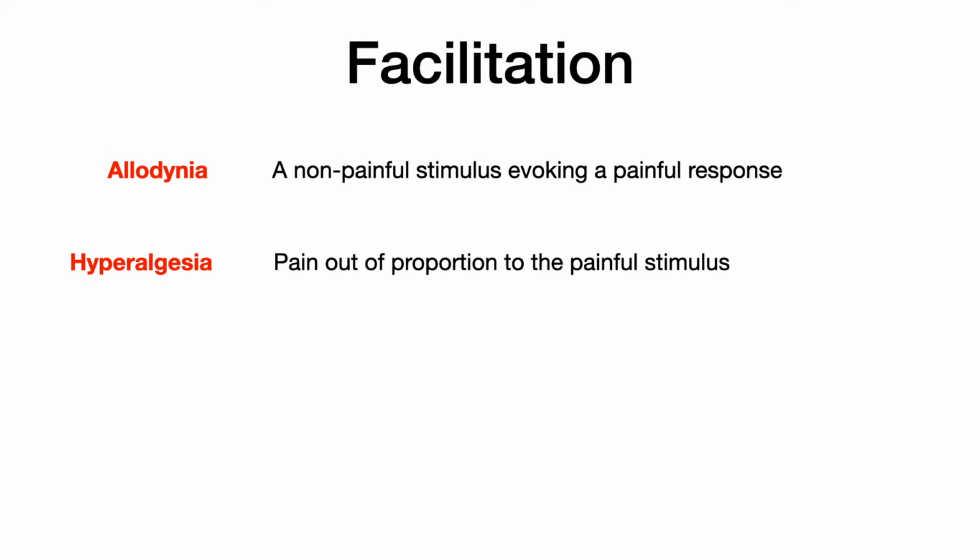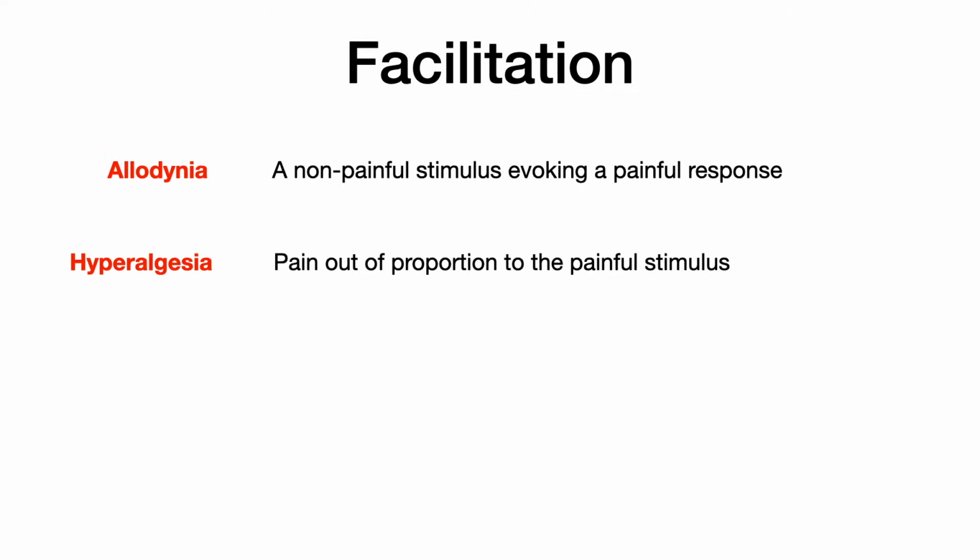Normally, yeah, a pinch is a painful stimulus technically, but it's not supposed to hurt a lot. But let's say that you get pinched by your baby cousin, and all of a sudden you feel crazy 10 out of 10 sharp shooting pain in your arm, and it's awful, and you just absolutely start crying. That's hyperalgesia.